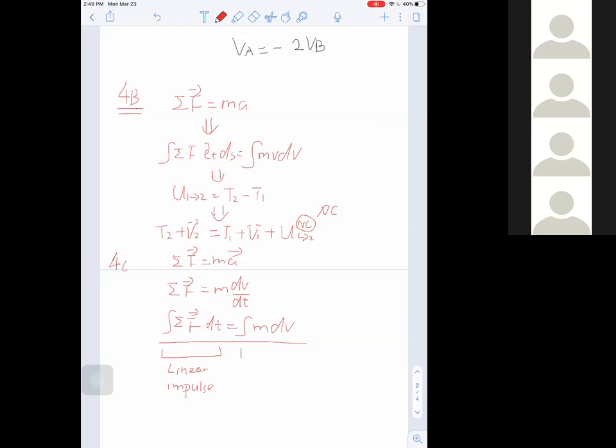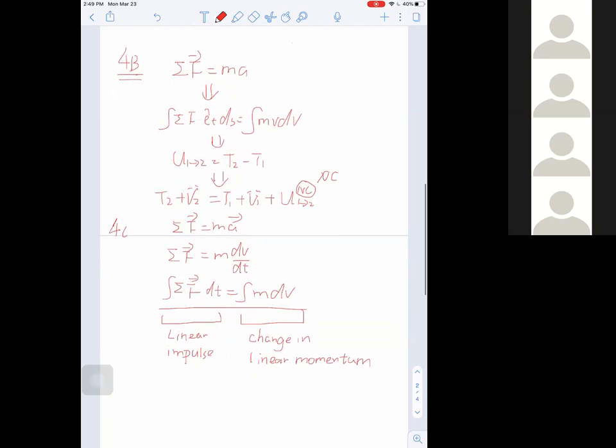And we call the other side of the equation change in linear momentum. And so we're introduced to the new section, which is linear momentum, linear impulse.